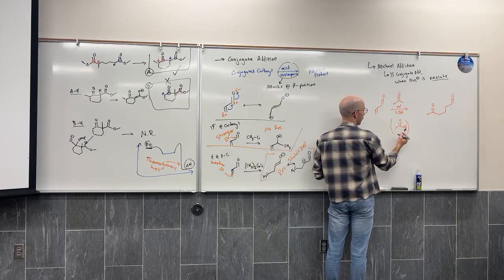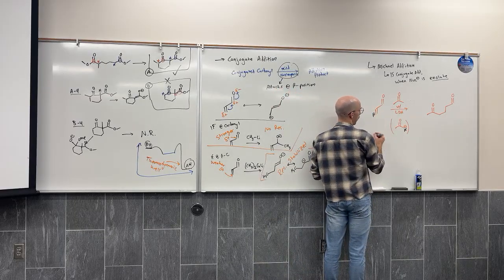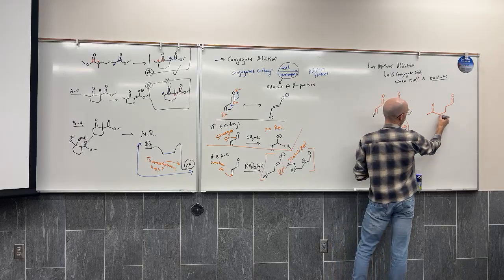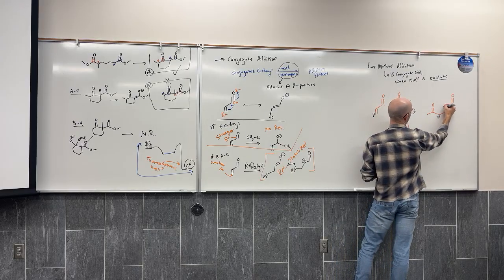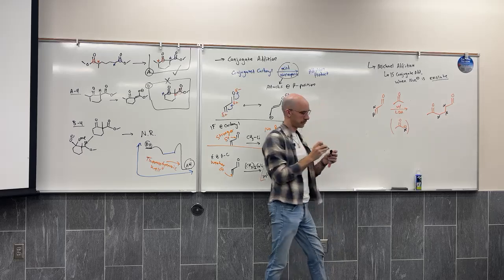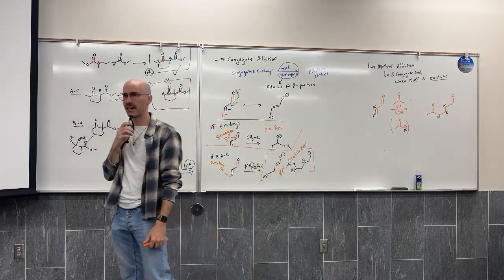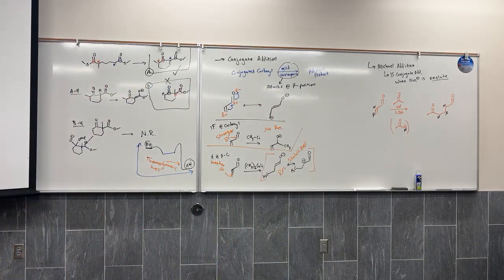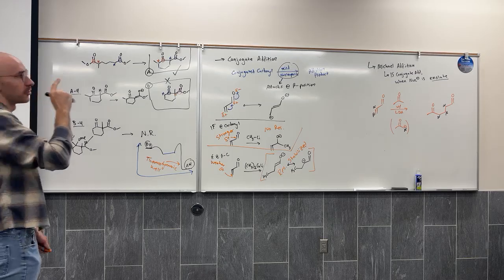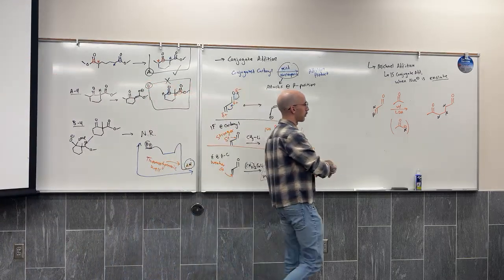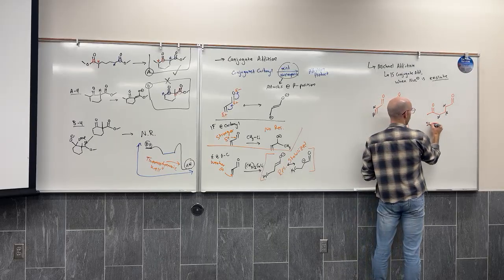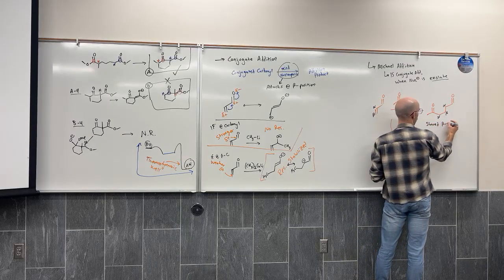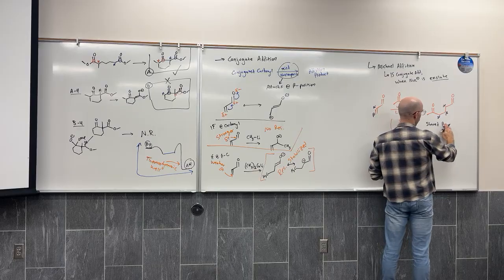When the alpha carbon of one carbonyl bonds to the beta carbon of a different carbonyl. Do you remember what I encouraged you to identify this as? Like a shared beta. The structure of Michael addition product is a shared beta dicarbonyl.